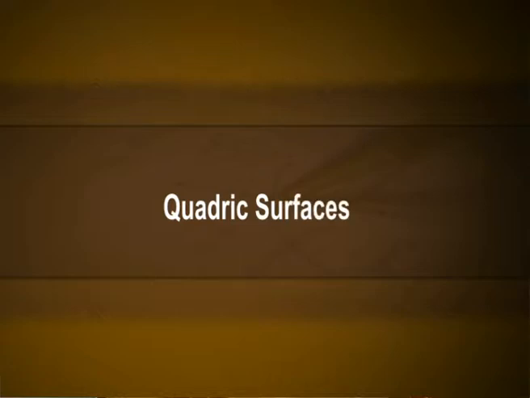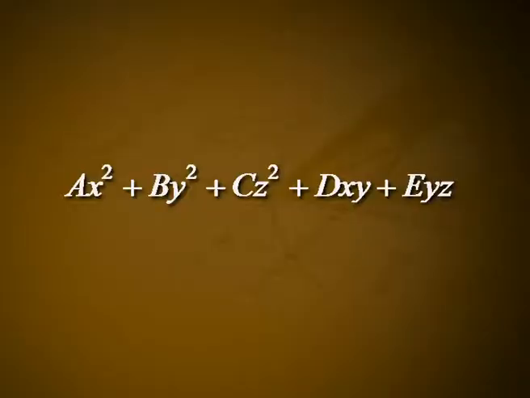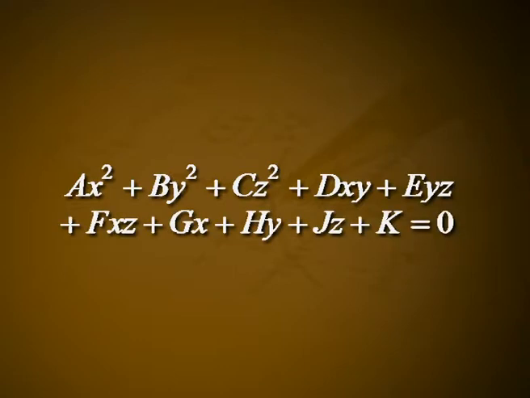Quadric surfaces. A quadric surface is the graph in space of a second degree equation in x, y and z. The most general form is ax² + by² + cz² + dxy + eyz + fxz + gx + hy + jz + k = 0, where a, b, c, d, e, f, g, h, j, k are constants.